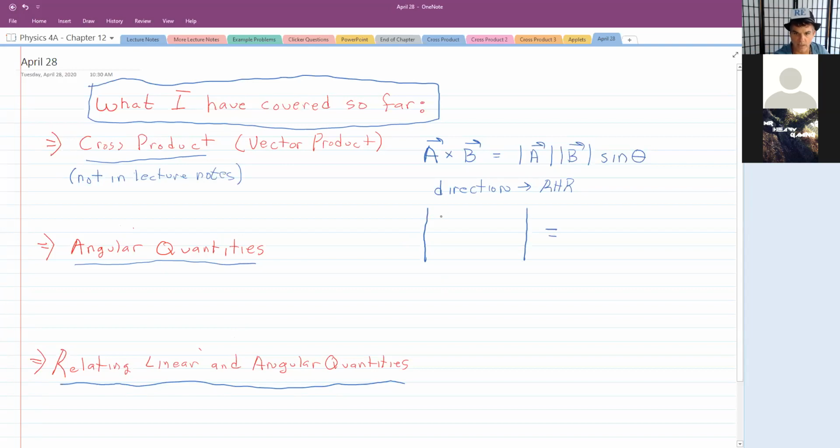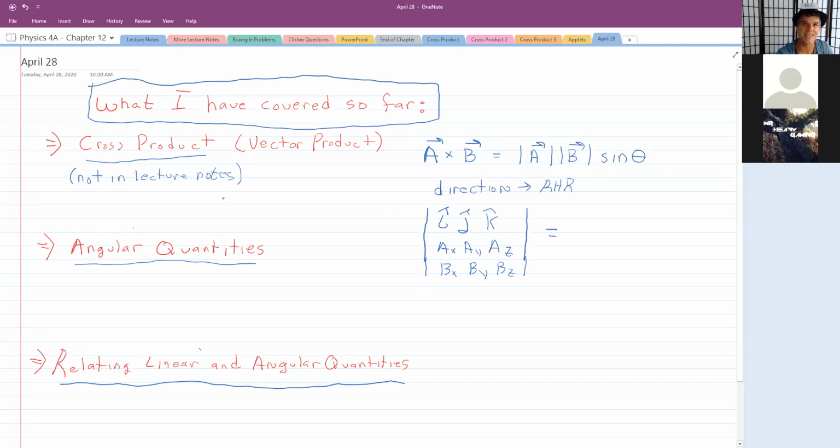You form a 3x3 matrix where across the top you have IJK, then the X, Y, and Z components of the first vector, and then the X, Y, and Z components of the second vector. In essence, you're figuring out the determinant of that matrix. I went through in the first lecture how to do that. It's just a simple procedure to follow.